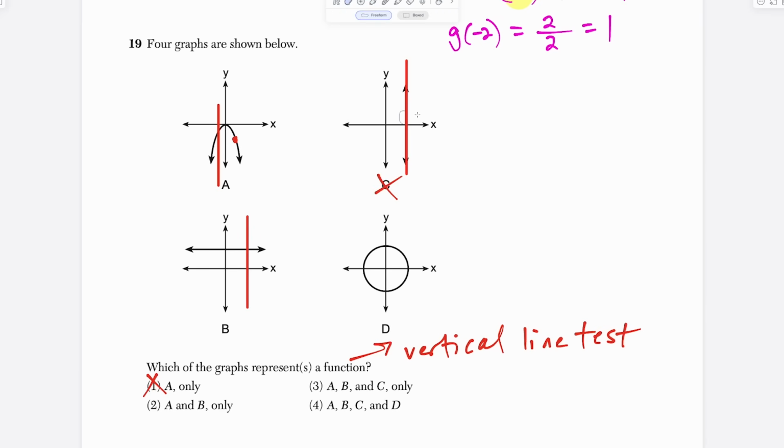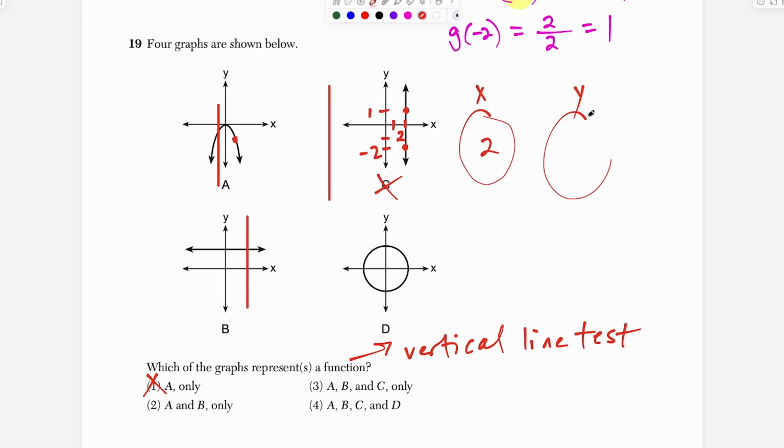And another way to determine if you have a function is the repeating x value test. Repeating x values are no good. So let's say this was x equals 2. So x equals 2. And then let's say I have 1 here and I have, let's say, -2 down here. If these 2 points are on my line, that means that when x is equal to 2, and I look at my range here, I have 2 going to 2 places.